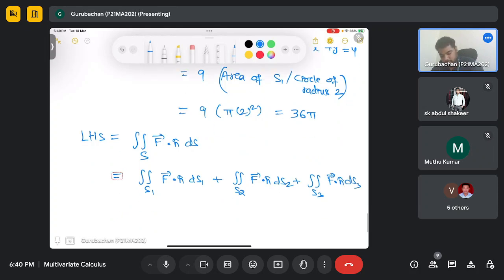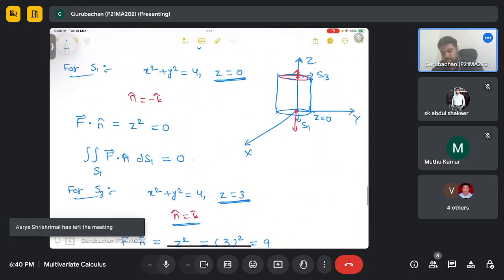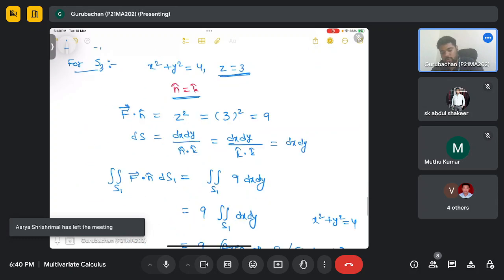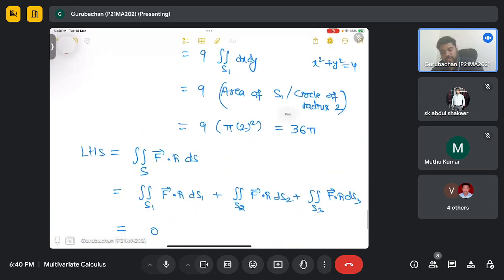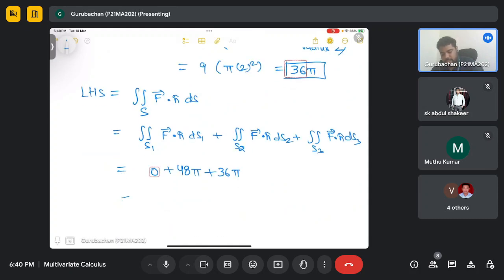Over S1 it is 0, and over S2, the curved one, it is 48 pi, plus 36 pi over S3. Add them and you get 84 pi, which is the triple integral of divergence of F dV, equal to the right hand side of star.